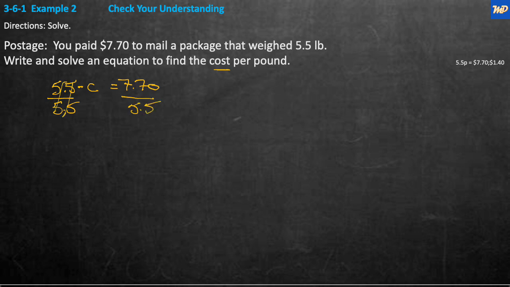These cancel and we're left with C equal to 7.70 divided by 5.5. The answer there is $1.40.